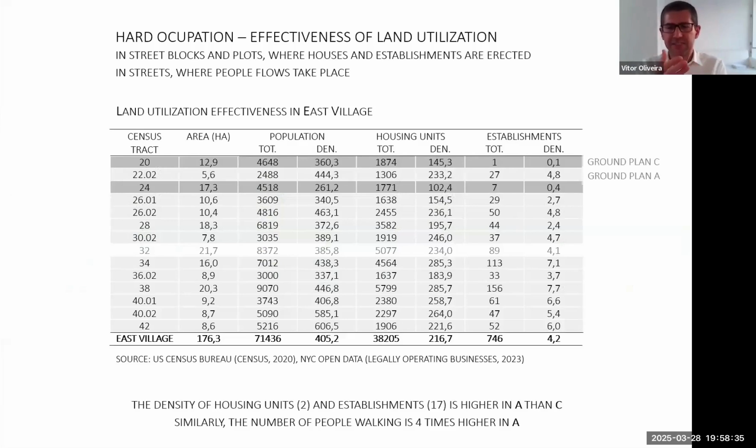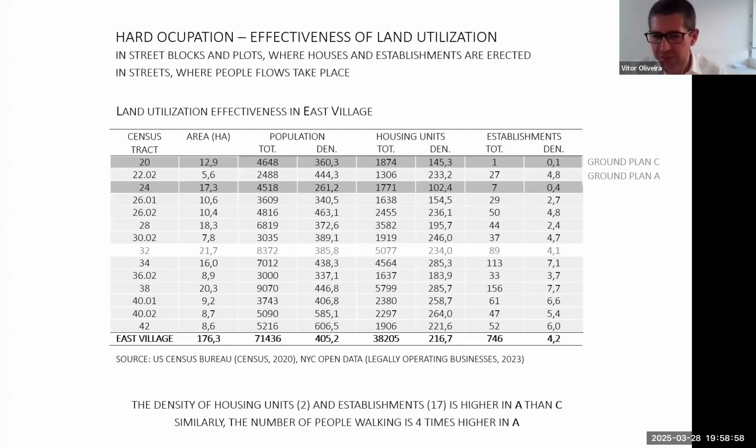So I turn this land that could be rural or natural into urban, and what do I do with it? What is the purpose of this transformation? And so we looked again at the same piece of land in ground plan A and in ground plan C to see what was happening there.